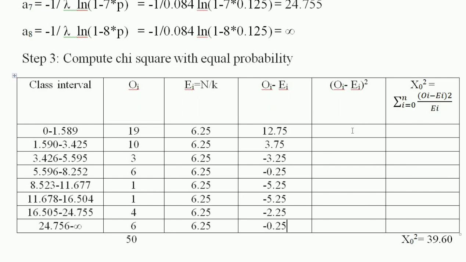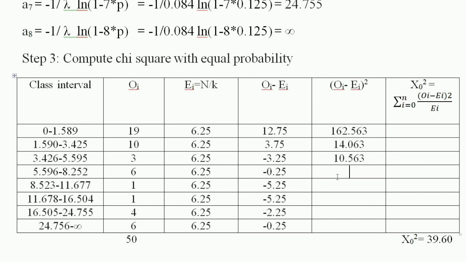Again the next value, 6 minus 6.25, that is minus 0.25. So OI minus EI whole square: whenever you square a negative value, minus into minus becomes plus. All the negative values you are going to get as positive. So 12.75 whole square, you are going to get 162.563. Again 3.75 whole square is 14.063. Again 3.25 squared, you get 10.563.